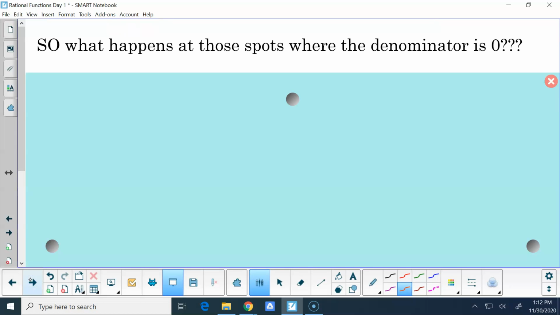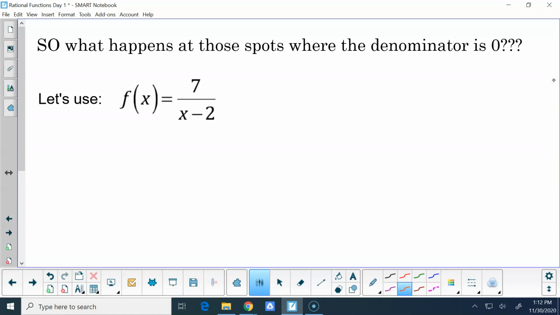So, what happens where that denominator makes it be 0? Let's use this function. F of x equals 7 over x minus 2. Okay? So the very first thing that we are going to do in most of our problems is we are going to set the denominator equal to 0 and solve.